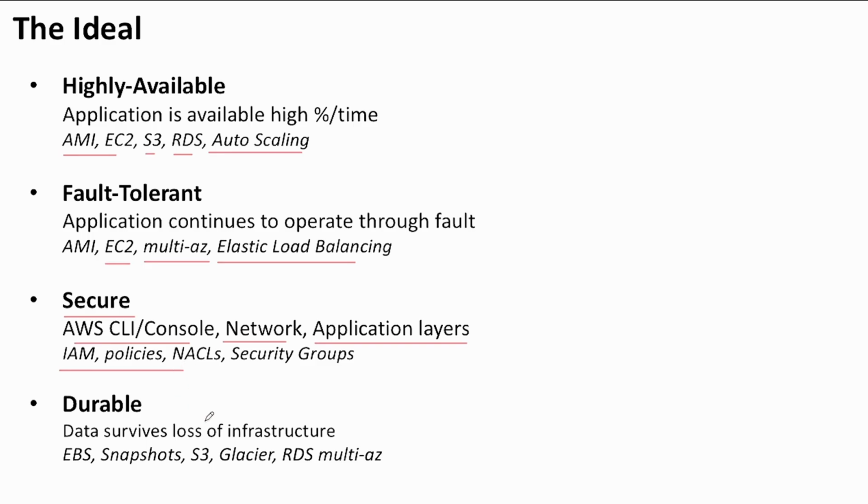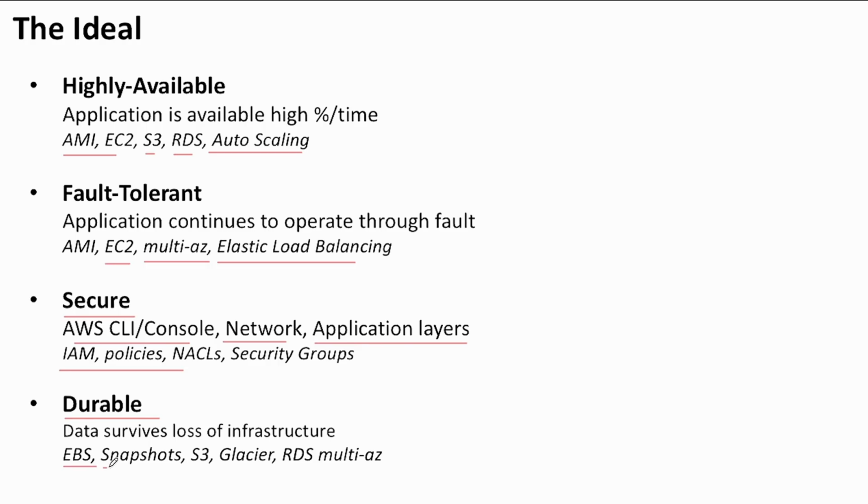We also want our applications and our environment to be durable. We want our data to survive the loss of infrastructure, whether it's lost at a device level or an availability zone layer. We want to make sure that we have multiple copies of our data. And again, we can do that by leveraging systems like the Elastic Block Store and snapshots.